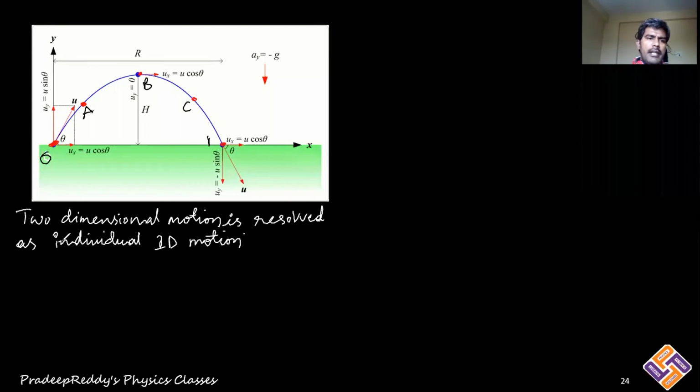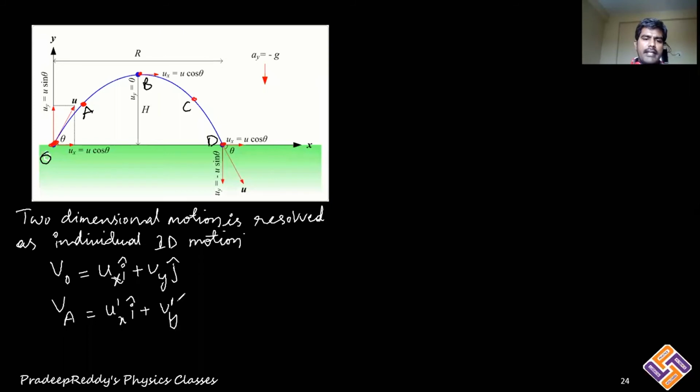So at any point, the velocity at O you can write as velocity along x-axis i cap plus velocity along y-axis j cap. Similarly, the velocity at A you can write as velocity along x-axis i cap plus velocity along y-axis j cap. Similarly, the velocity at B can also be written as velocity along x-axis plus velocity along y-axis at any particular point.